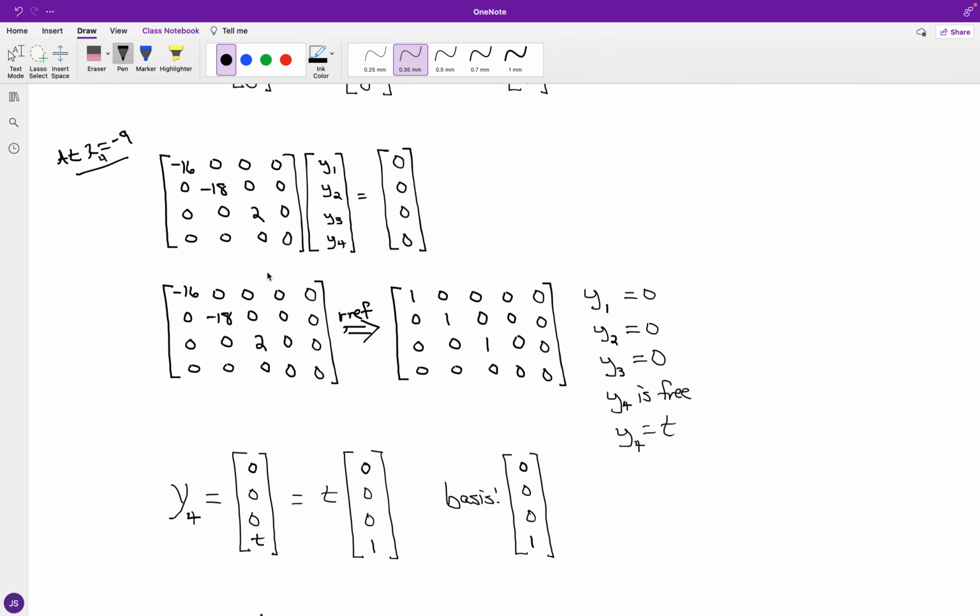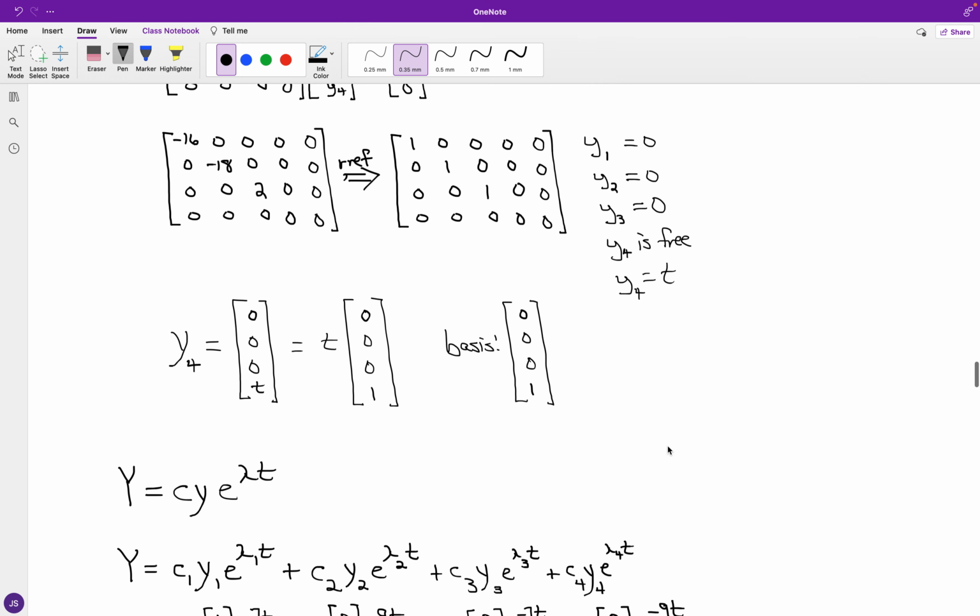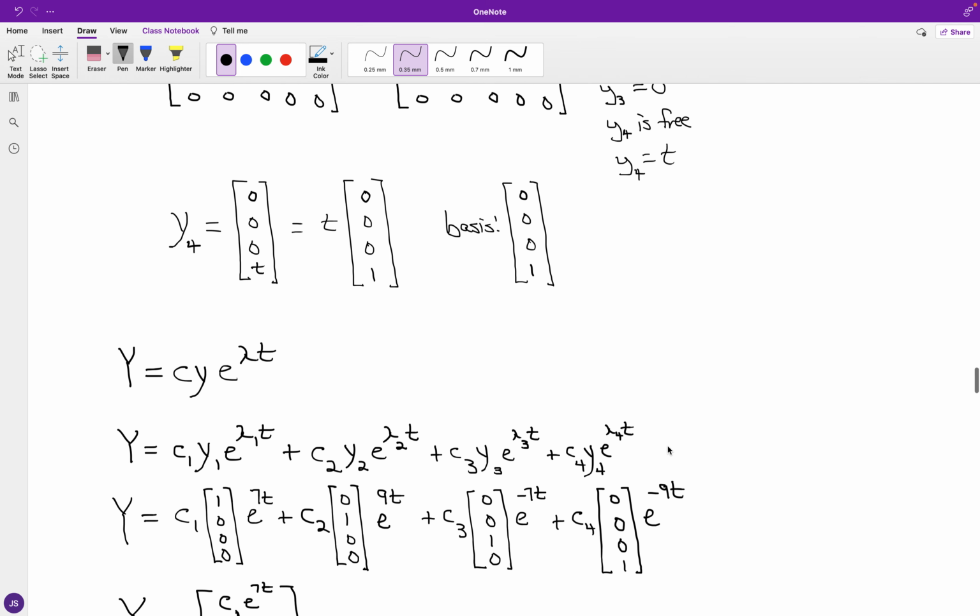And from the augmented matrix setup, putting it in reduced row echelon form, y sub 1 is 0, y sub 2 is 0, y sub 3 is 0, and this time we have y sub 4 to be the free variable, and we can set this equal to t. So for the last eigenvector, we have 0, 0, 0, and t, and factoring out t, we have t times the basis, which is 0, 0, 0, and 1.